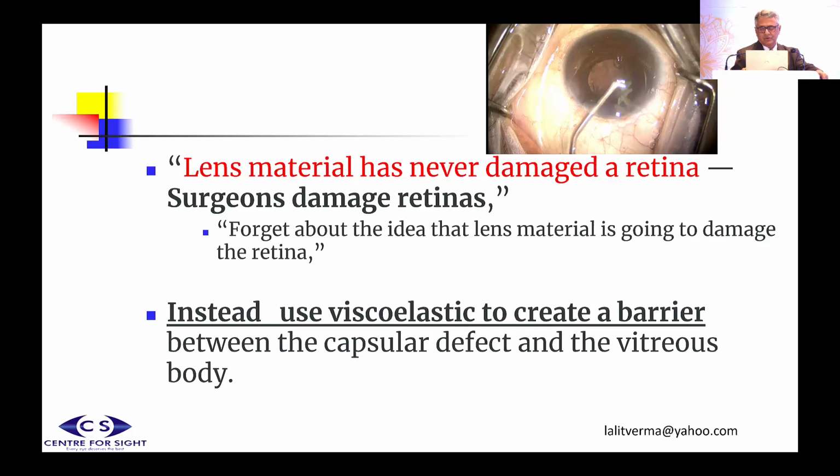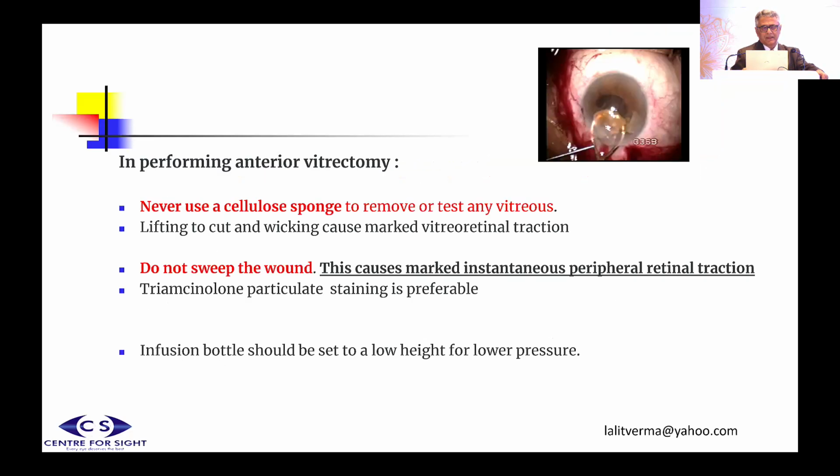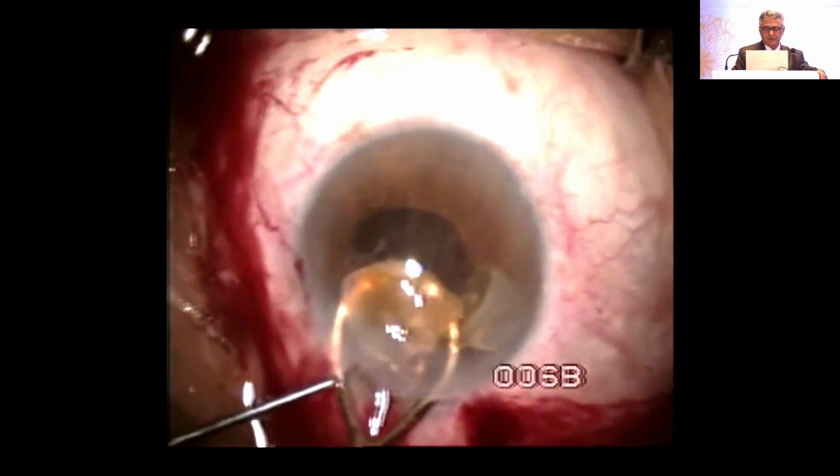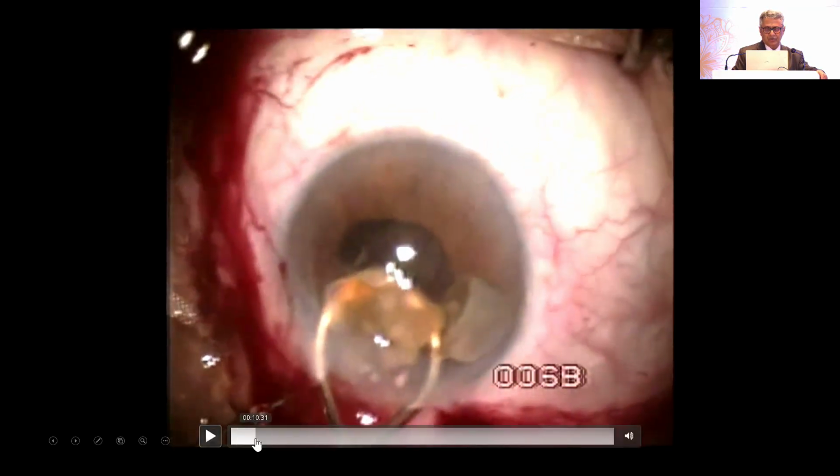You could use viscoelastic to create a barrier. In performing anterior vitrectomy, never use a cellulose sponge to remove, and do not sweep this wound, because here there is a big vitreous. Believe me, this will instantaneously cause peripheral traction and the possibility of GRT also. So this is what I was stressing: do not do this.